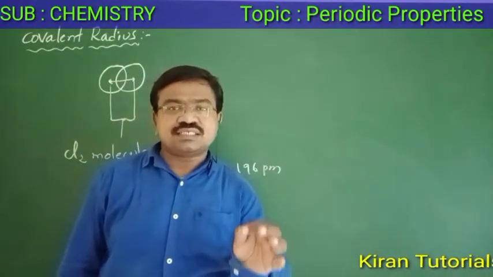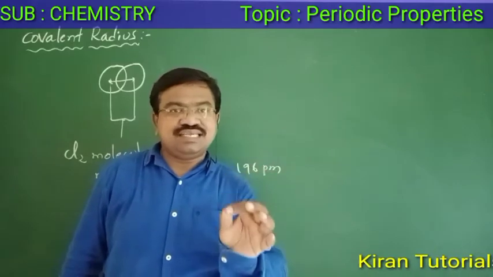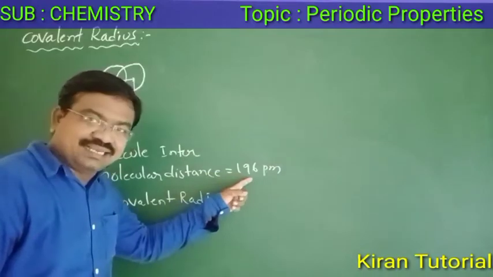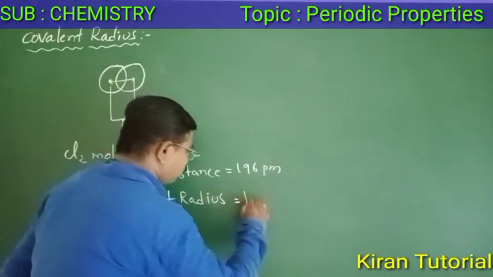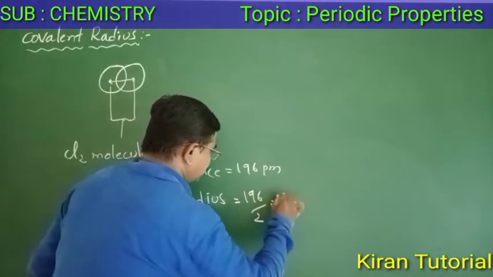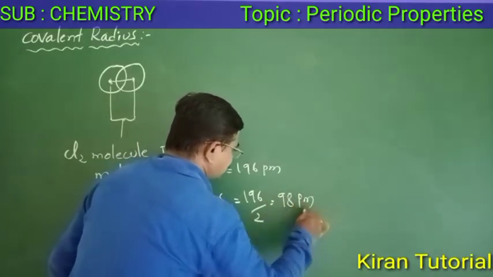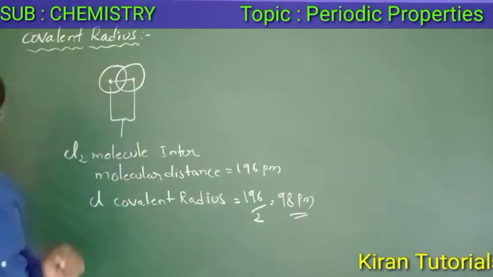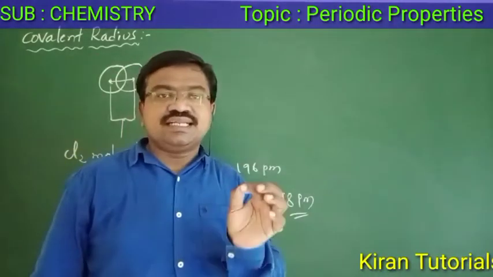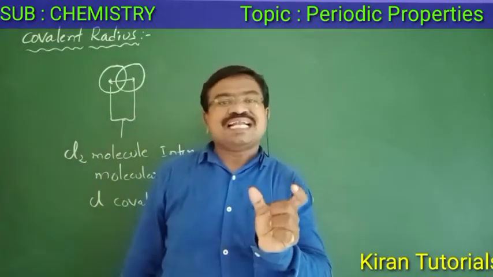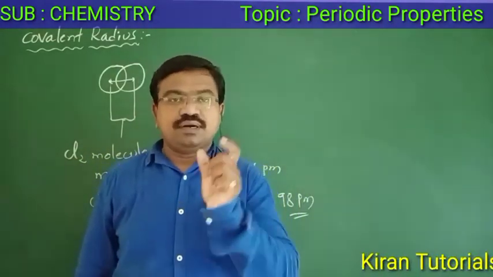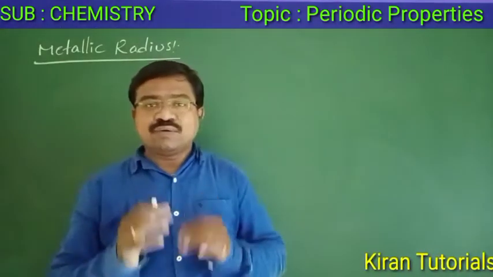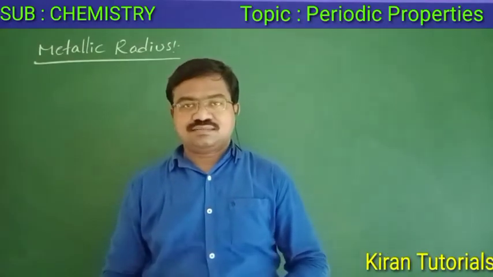Half of the internuclear distance between two atoms. Here the total distance is 196. Half of the distance, 196 by 2, is 98 picometers. So it is the covalent radius of chlorine. So what is covalent radius? Half of the internuclear distance between two atoms held by a covalent bond is called covalent radius. Clear?